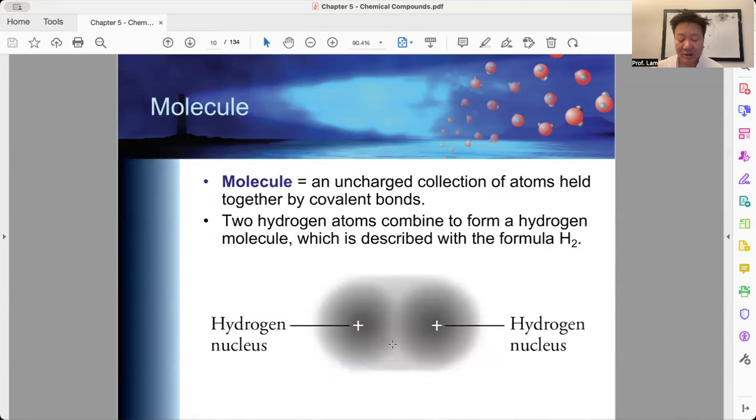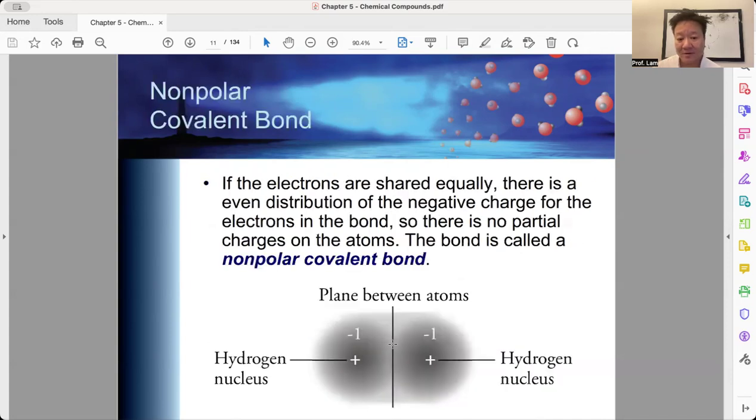And so then we don't call these atoms anymore. We call these molecules. So H2 is technically a molecule because it's not an atom anymore. It's two atoms now combined together. When we have an H2 molecule, the electrons are shared equally between the hydrogen atoms because the two atoms are identical.